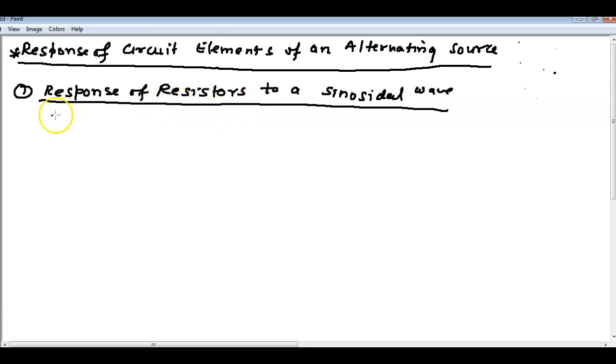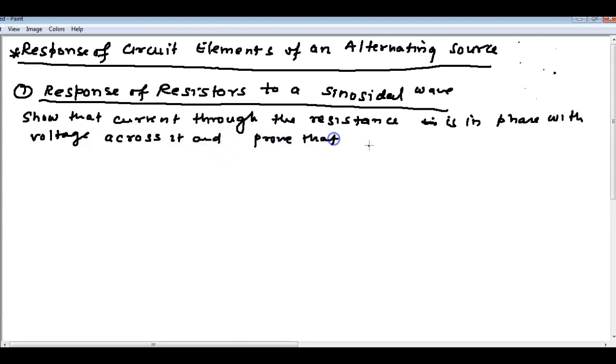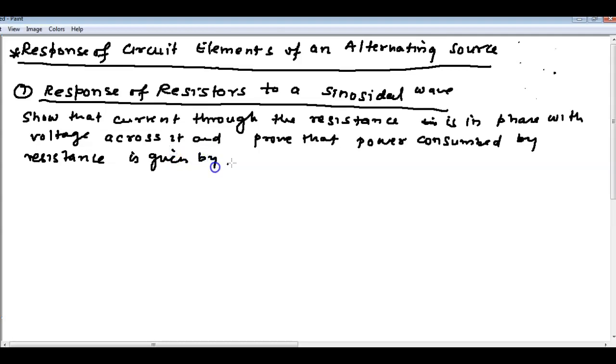This question is also asked in this form, so I will write it so you will not be confused: show that the current through a resistor is in phase with the voltage across it, and prove that the power consumed by the resistance is given by P is equal to VI.